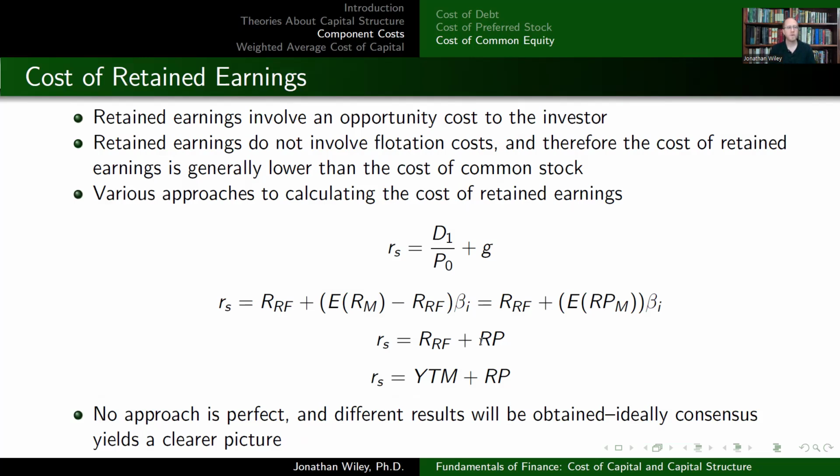Now, there are a variety of different approaches for calculating the cost of retained earnings. This is kind of like if you stuck a thermometer outside and looked through your window. It would tell you what the temperature is. But if I just had one thermometer out there, there's a chance that it could break and get stuck on a number, or have error in it, and we wouldn't necessarily know that it got stuck until I stepped outside.